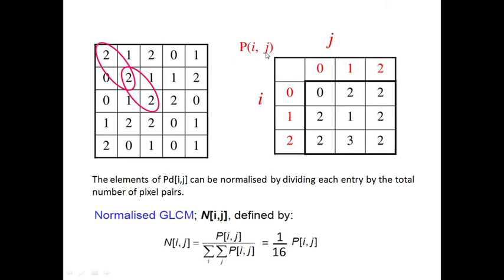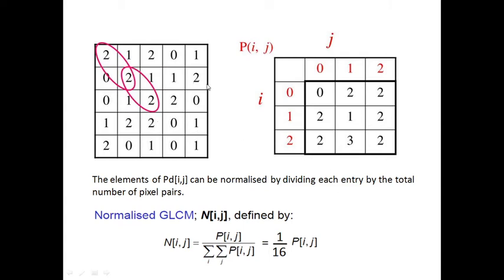So P of I, J is the GLCM. I have I number of rows and J number of columns: 0th row, first row and second row, 0th column, first column and second column. So P of 0, 0: is there anything with diagonal matching?